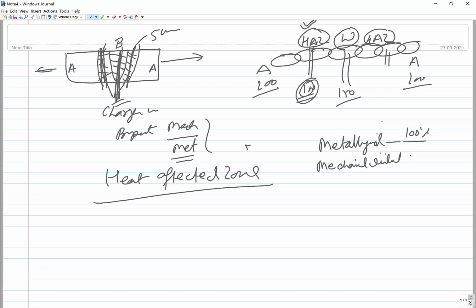In cars and ships, efforts are always there to reduce the dead weight so that payload can be improved, fuel efficiency can be improved, and emissions can be reduced. But if you are developing the joints using a method which is increasing the dead weight, then that is not considered a very popular approach.